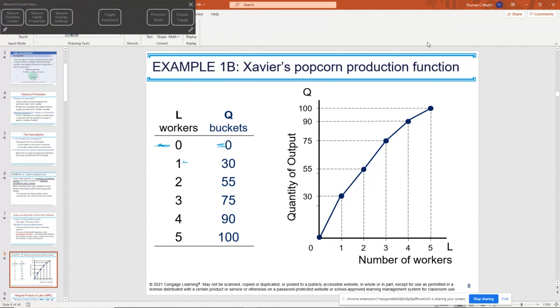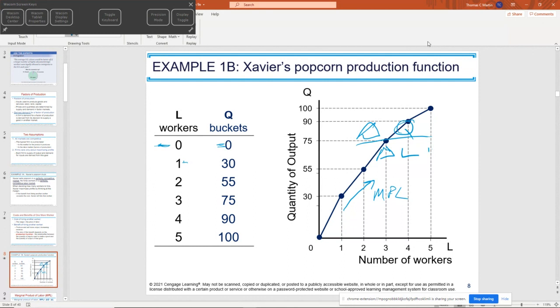What we need to know, and what they're graphing here, is the marginal product of labor. There's a change in outputs by a change in inputs. There's a change in Q divided by change in labor.